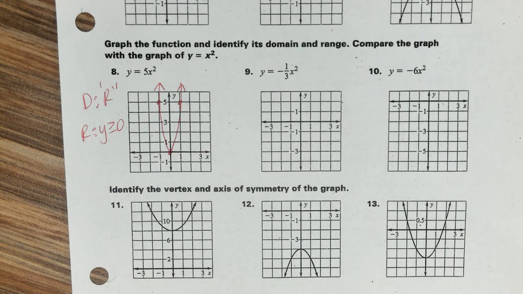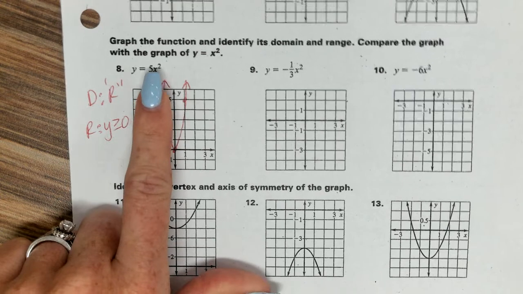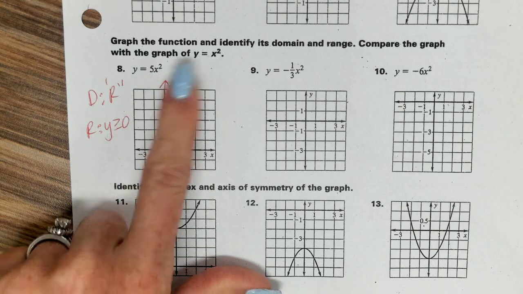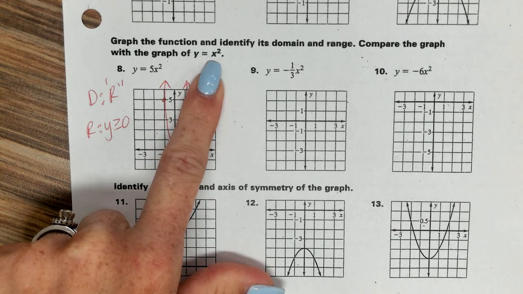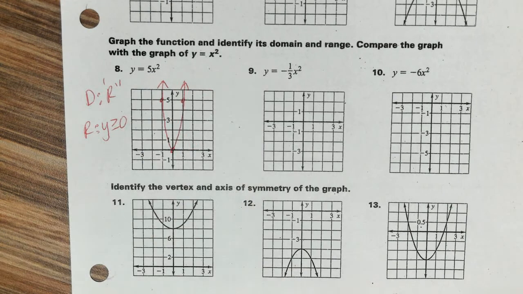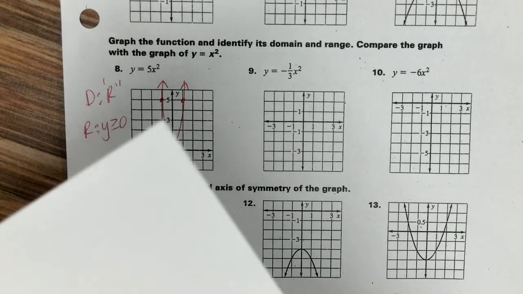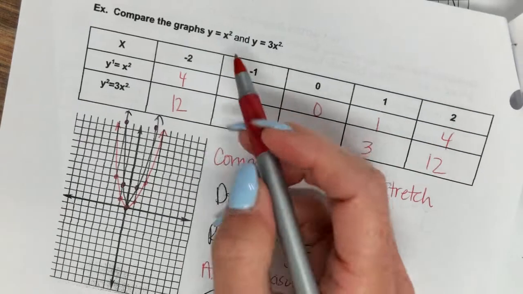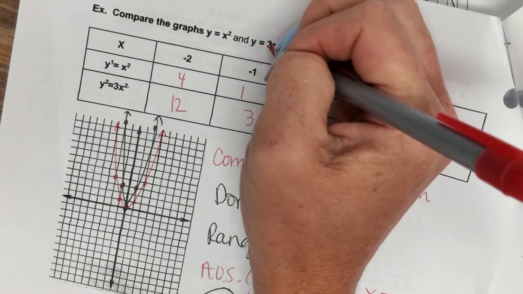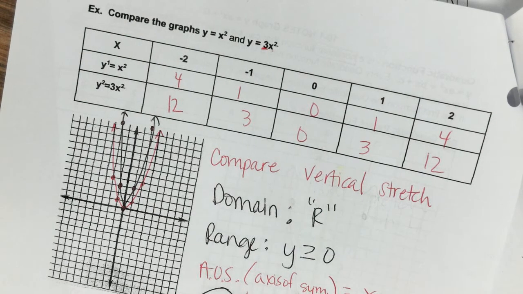Now it says compare the graph. I'm comparing this one to y equals x squared. Well, if you don't want to have to graph x squared, you can literally go look and say, hey, what happened when we took x squared and we added a big number for the coefficient? It was a vertical stretch.